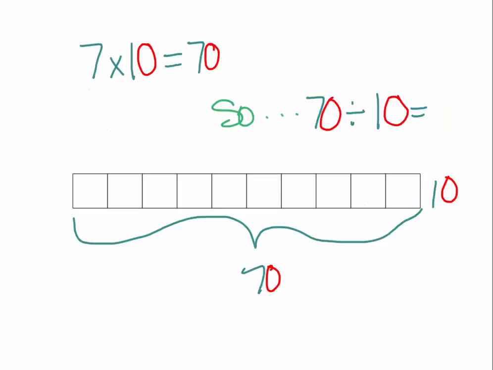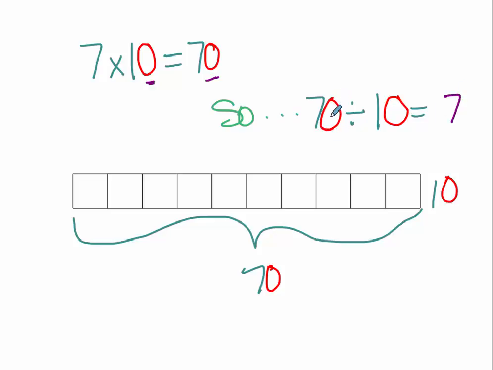So here's our first division problem. We're looking at 70 divided by 10. We know that 7 times 10 equals 70. Pay attention to these zeros. So 70 divided by 10 equals, if our fact families are right, 7, right?